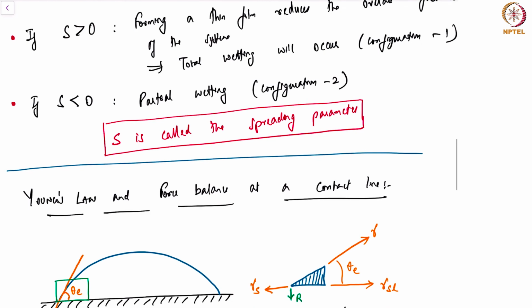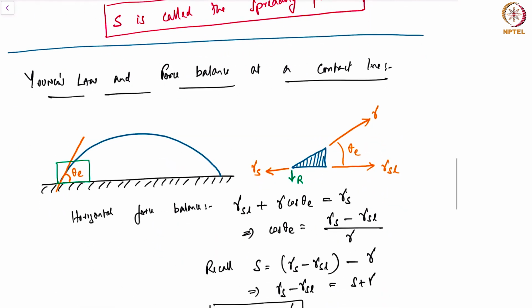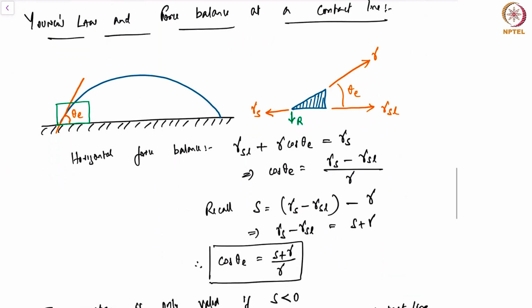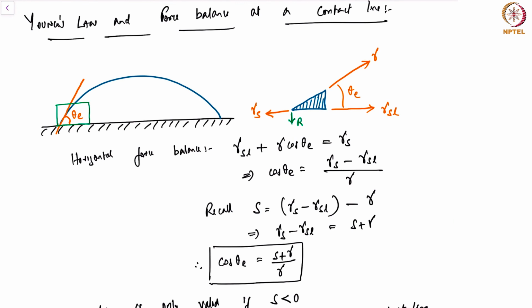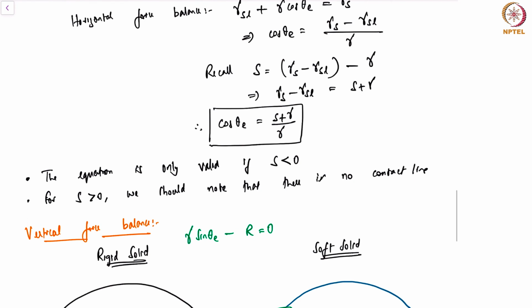Okay, and then we also related the static or equilibrium contact angle, theta E, at the contact line to the spreading parameter, right? So essentially cosine of theta E turns out to be (S plus gamma) by gamma.